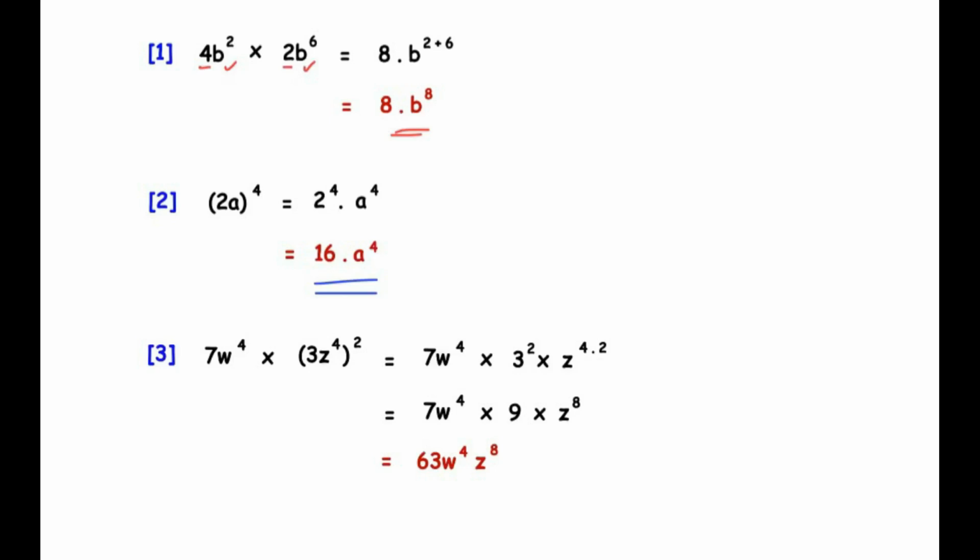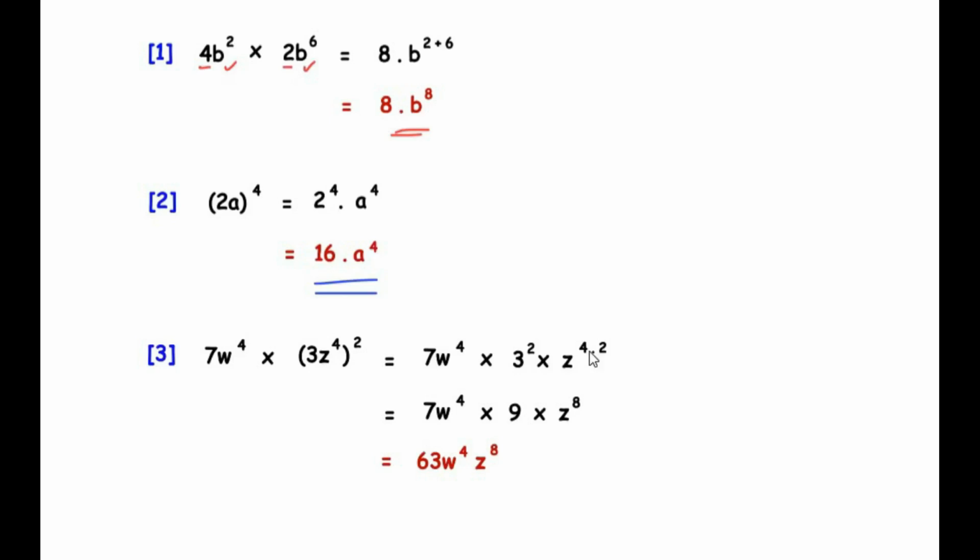Now the third one is 7w to the power of 4 times 3z to the power of 4. Now the whole term is raised to the power of 2. Now we are going to keep the first term as it is, that is 7w to the power of 4, and then applying the power distribution law, the power 2 gets distributed to 3 as well as z to the power of 4. So we get here 3 square times z to the power of 4 times 2.